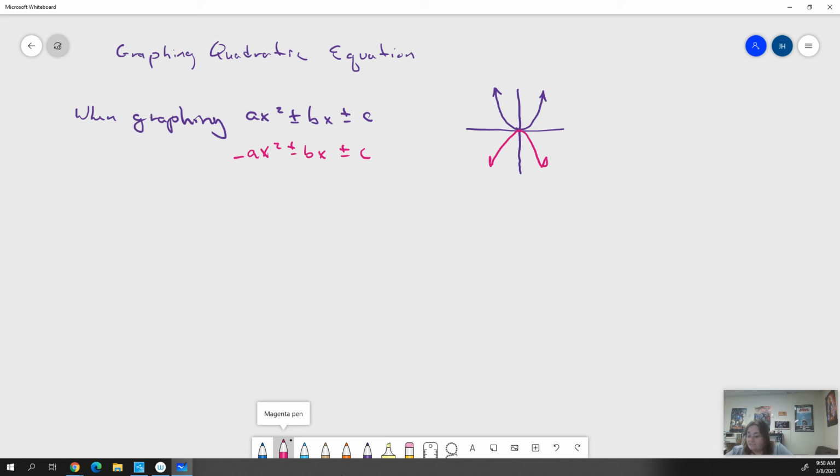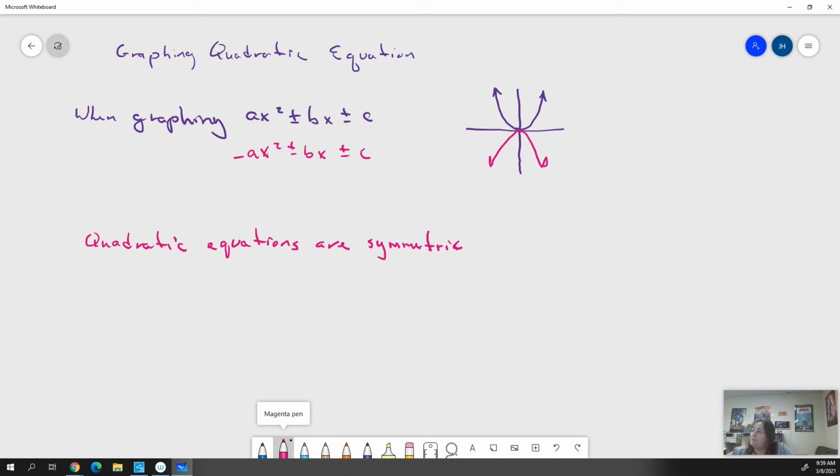The next thing you need to know is that quadratic equations are symmetric. They have symmetry. And that means that what happens on one side is happening on the other.